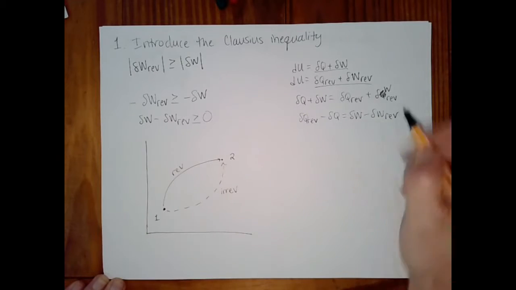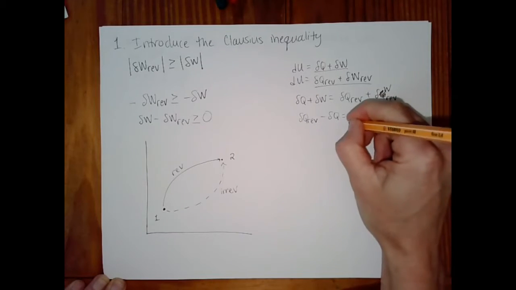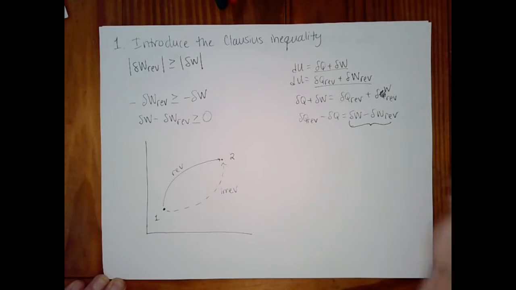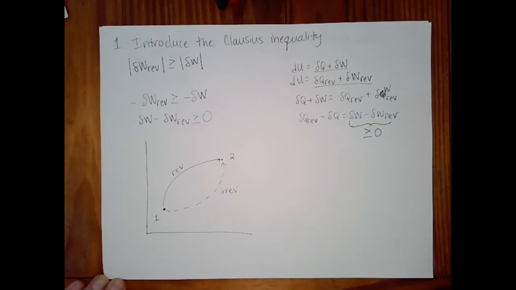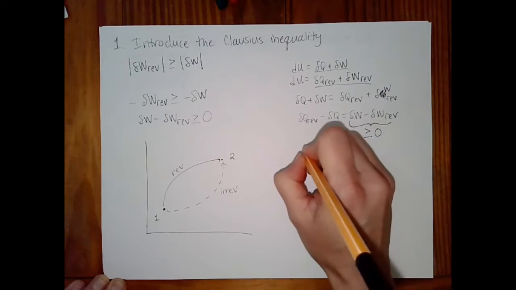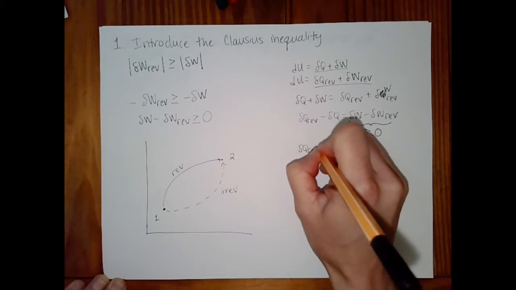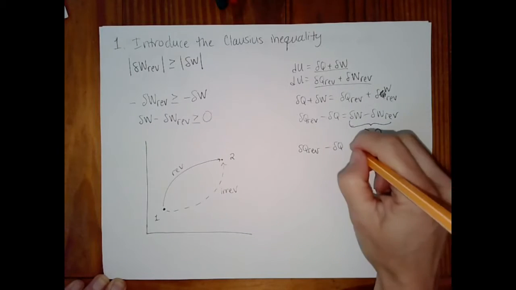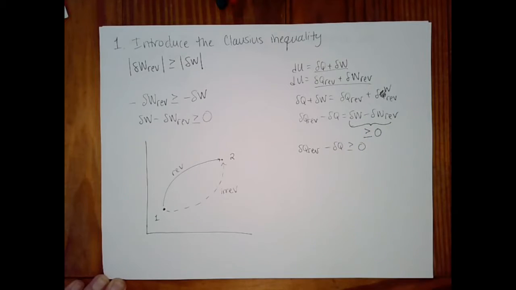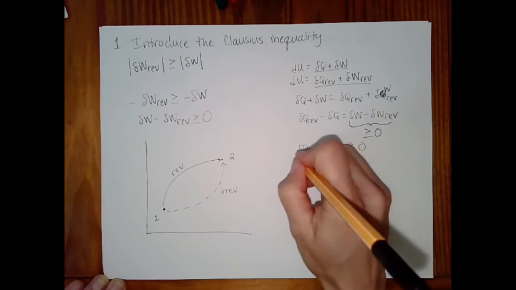So I can see that this side of the equation is greater than or equal to 0. So what we have is delta Q reversible minus delta Q for any process is greater than or equal to 0. Arbitrarily now, I'm going to decide to divide by T. I'm going to divide everything across by T.